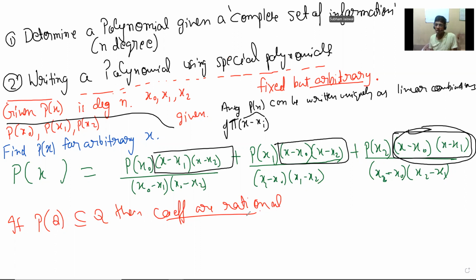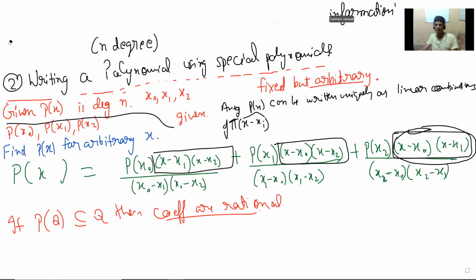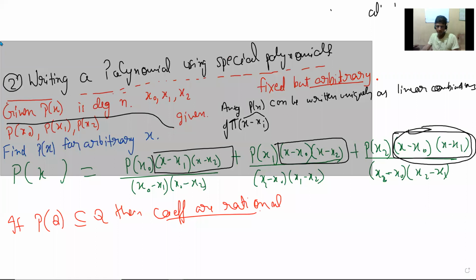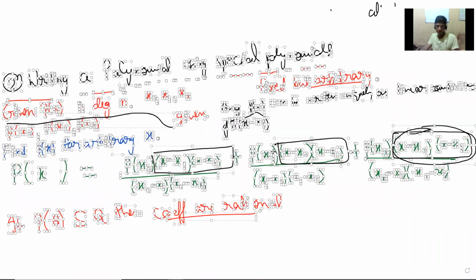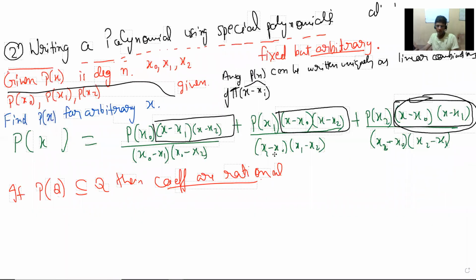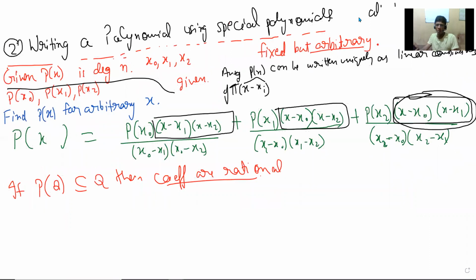So just tell me how. Just try to see it. You can take any endpoints. You can assume the degree is n for P of x. Let's say degree is n.